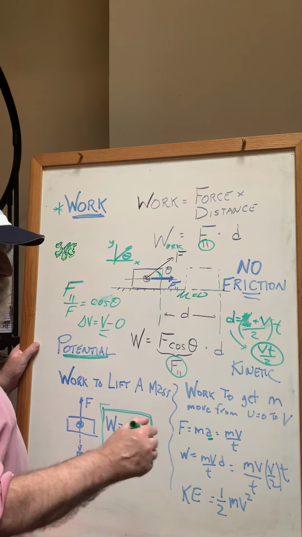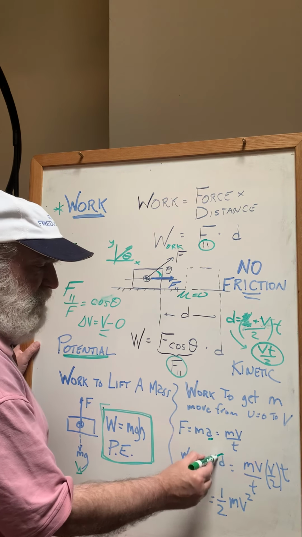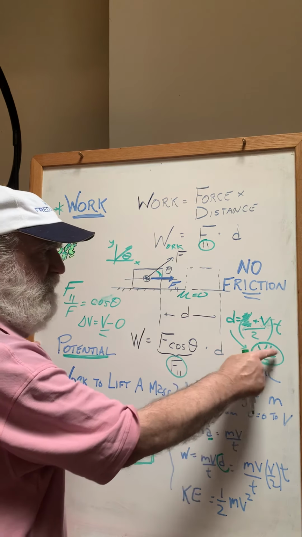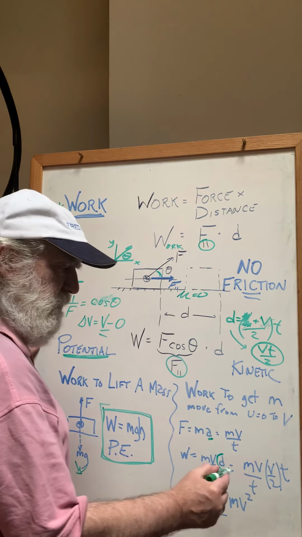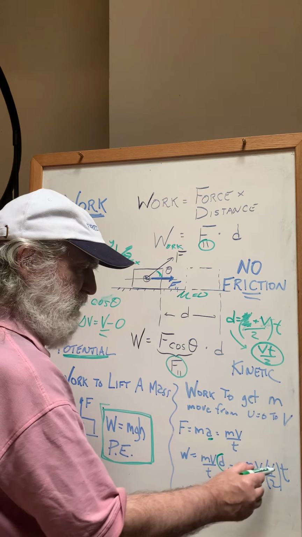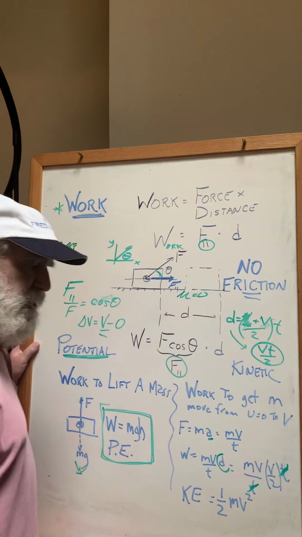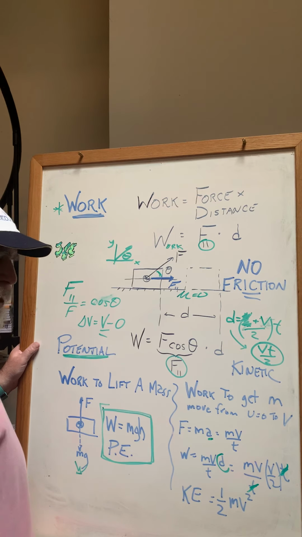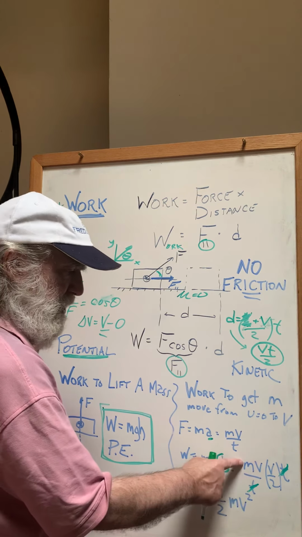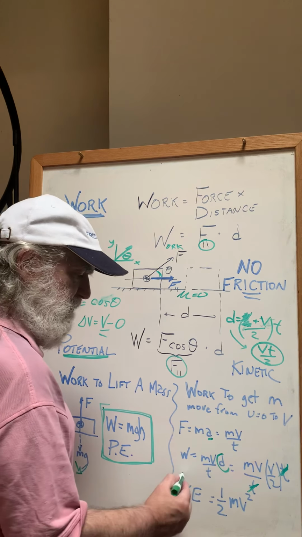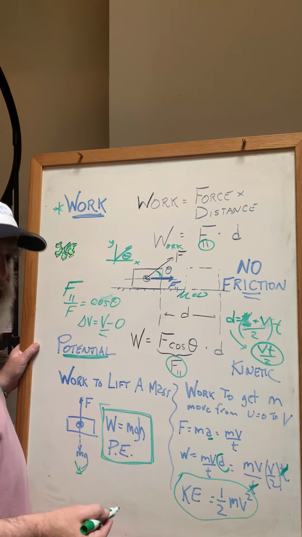And if I have to multiply by distance, mv over t times distance, the distance is just vt over 2. And so a little bit of cancellation, namely that the times cancel. So the energy is not related to the time it takes me, just the mass and the velocity, 1/2 mvv, 1/2 mv squared. And that is called kinetic or moving energy.